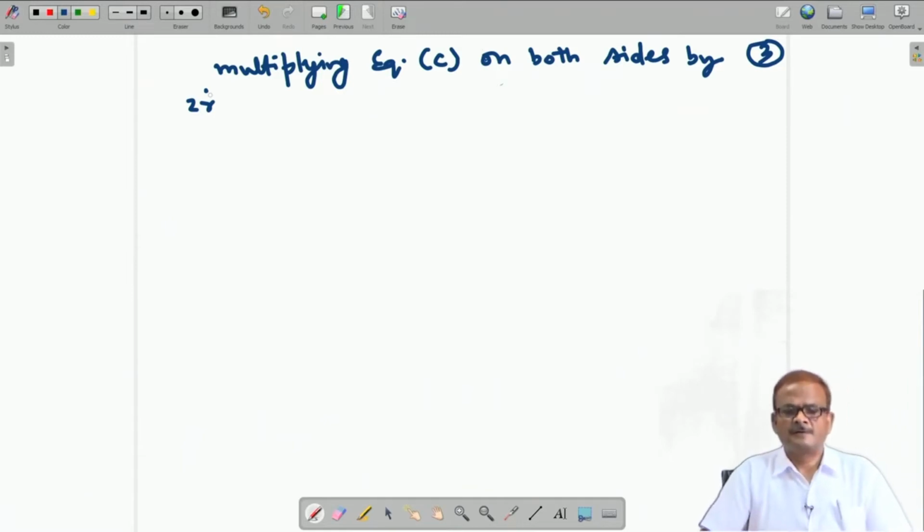You might have seen that quite often we have been using dot product with r dot or cross product with r. Here I am simply multiplying with 2 r dot. These are the techniques of solving the problem, and if you remember them, you may be able to solve a number of problems in your exercise.